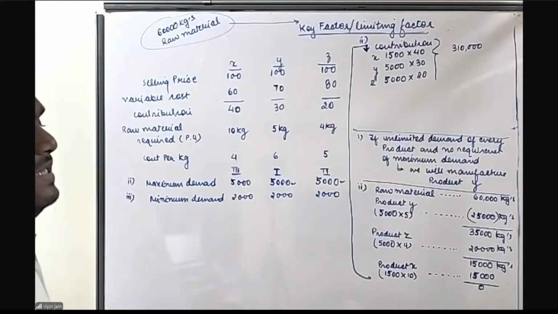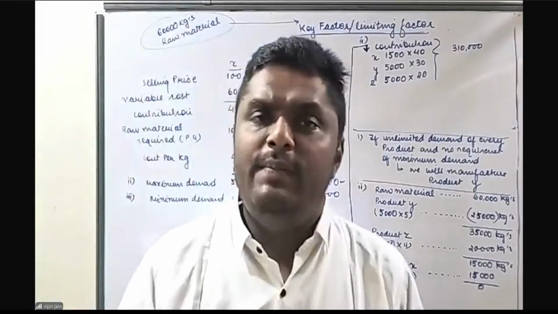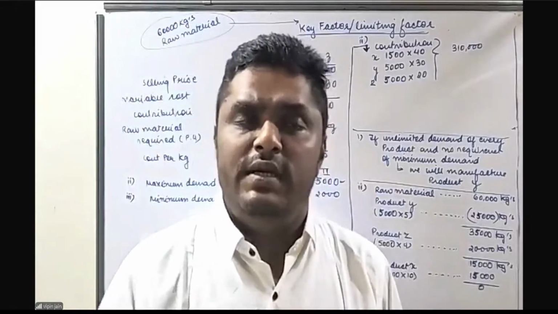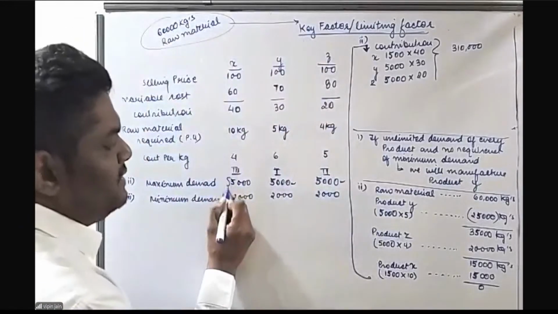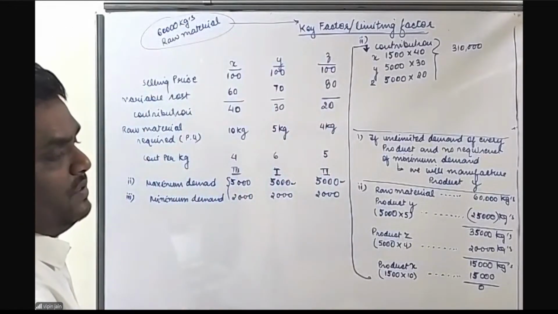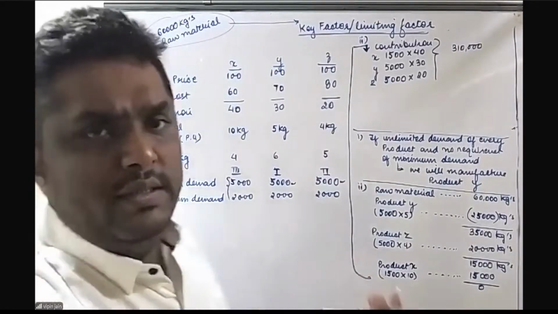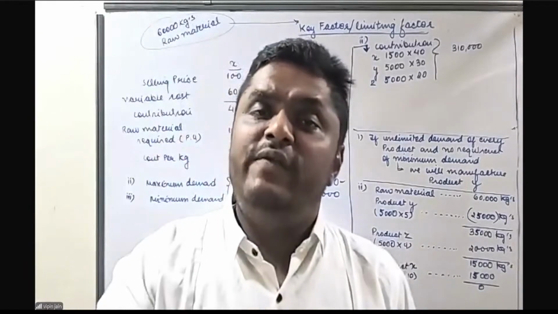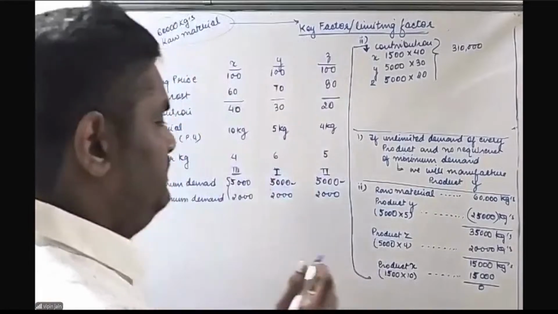Now, maximum demand is also given and minimum demand is also given. That is 5,000. Assuming for the third question, maximum demand and minimum demand are both given. So how will we manufacture? We will first fulfill the minimum demand.